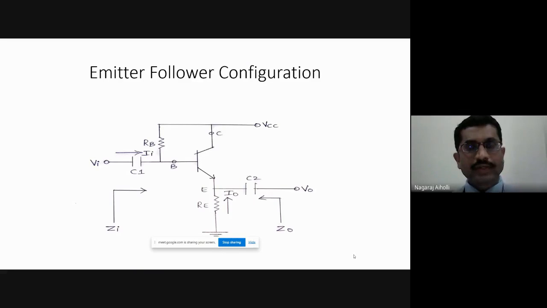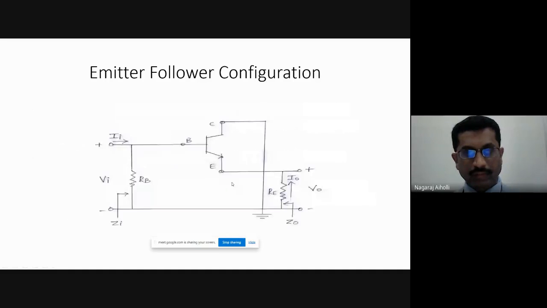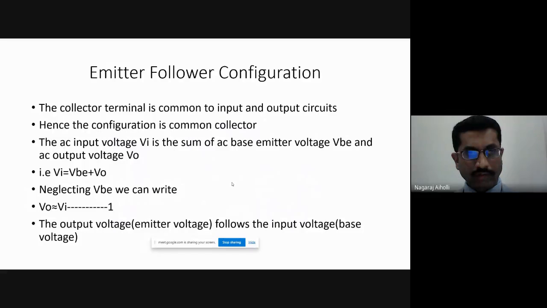In the previous class, we were discussing the emitter follower configuration. We discussed that the output at the emitter follows the input at the base terminal, hence it is emitter follower configuration. It is also called common collector configuration. Then we discussed the re model, its equivalent circuit, and the re model of the emitter follower configuration.